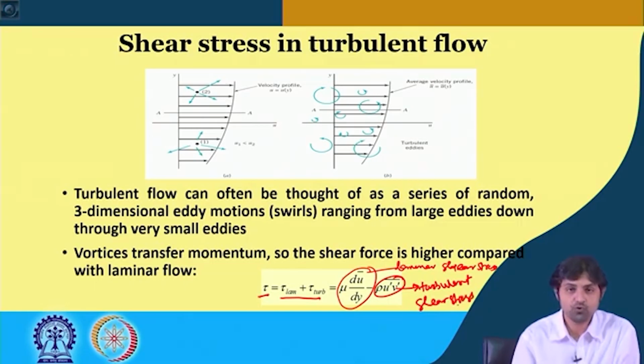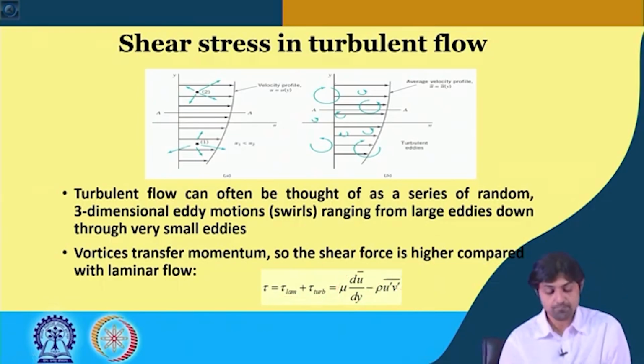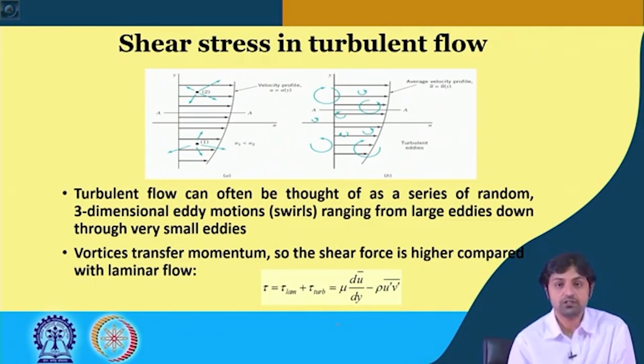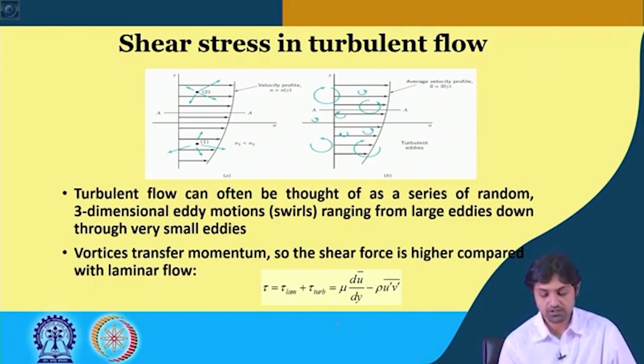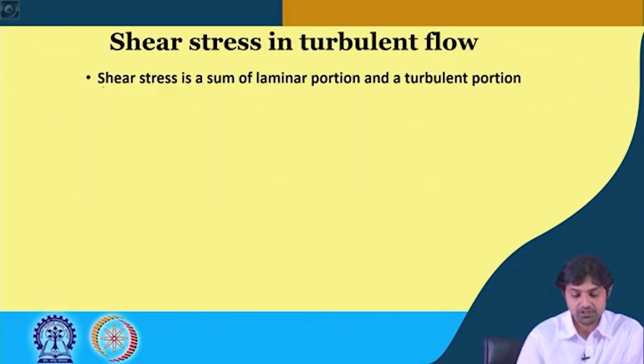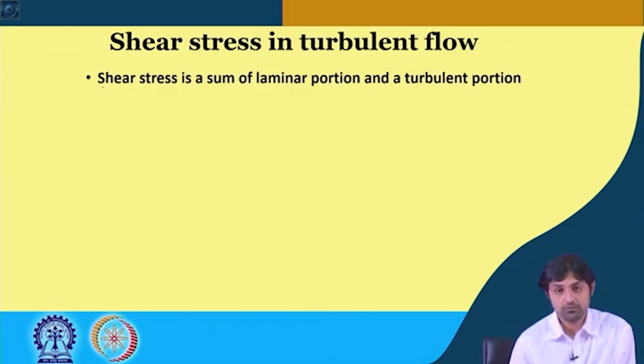We shall go into more detail when we study the modules of viscous fluid flow and computational fluid dynamics about rho u prime v prime. They are called Reynolds shear stress. Therefore the shear stress in a turbulent motion is much larger than in laminar flow. As I said, the shear stress is the sum of a laminar portion and a turbulent portion.